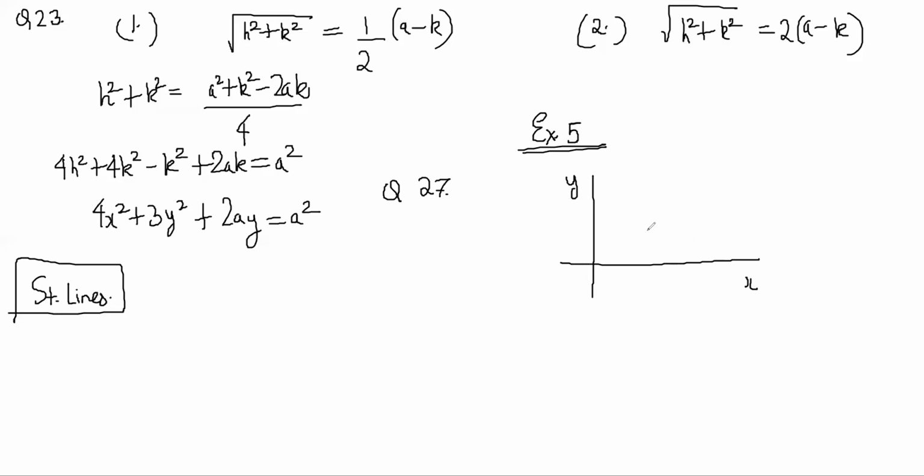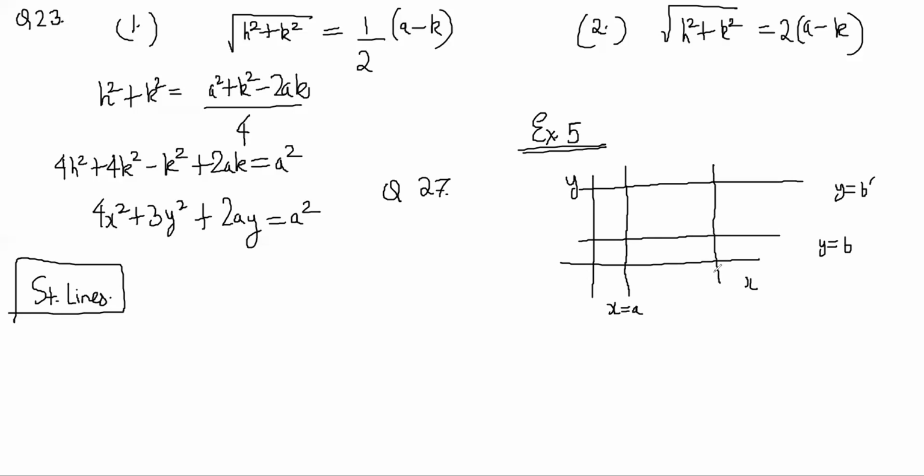So how does it look? Y is equal to b is one line like this. Y is equal to b dash is one line like this. X is equal to a is one line like this. And x is equal to a dash is one line like this. Right? The rectangle is easy to find, all the points are known.